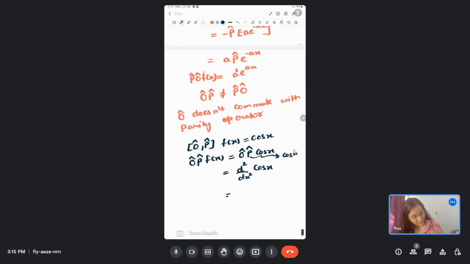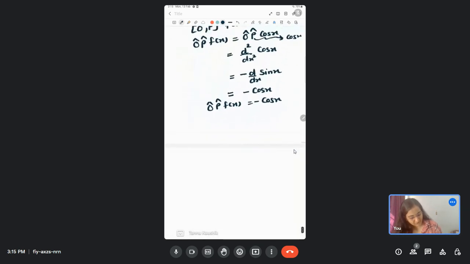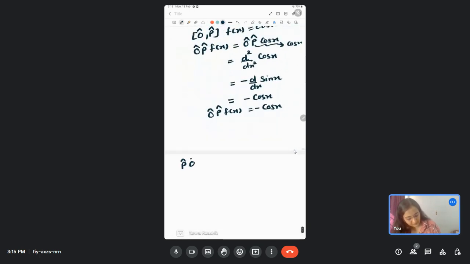We will get d square by dx square operating on, from this we will get cos x back because it is an even function, cos x. Then d by dx of minus sin x, minus sin I have taken out. Then we will get minus cos x. So O of this is equal to minus cos x.